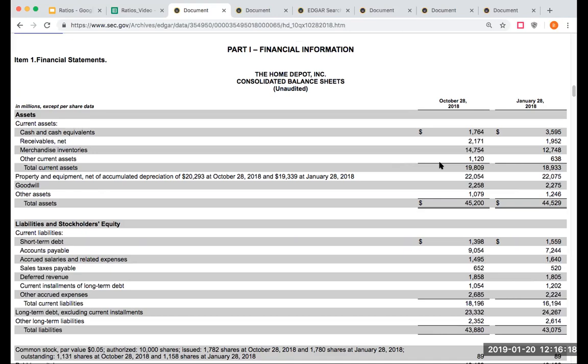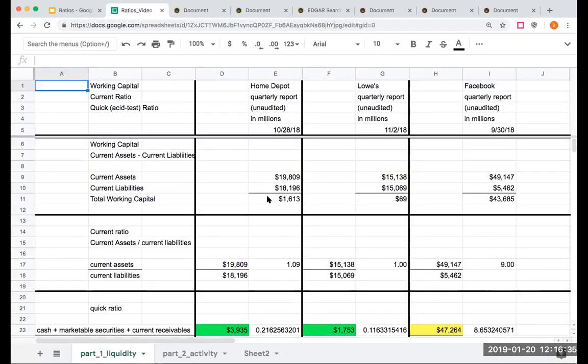Looking at my current assets, Home Depot has $19,809,000,000 of current assets, and they have current liabilities of $18,196,000,000. So their total working capital is 1.6 billion.